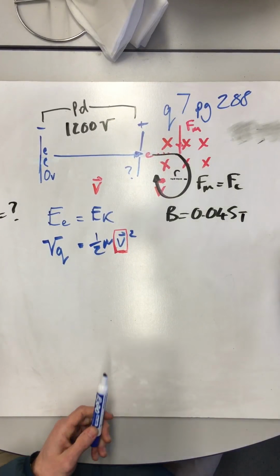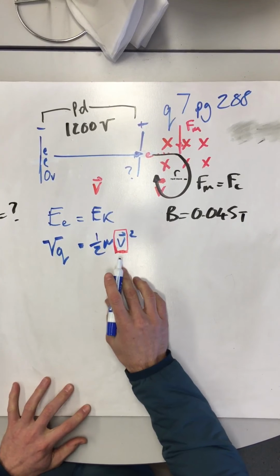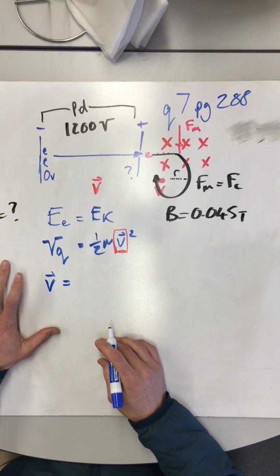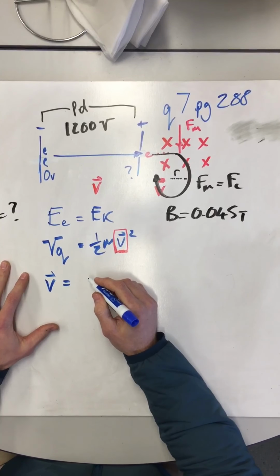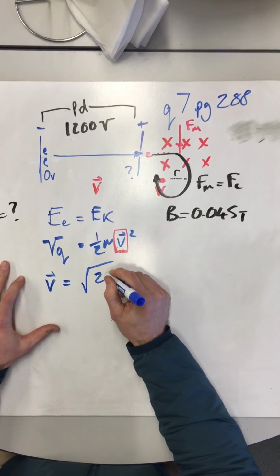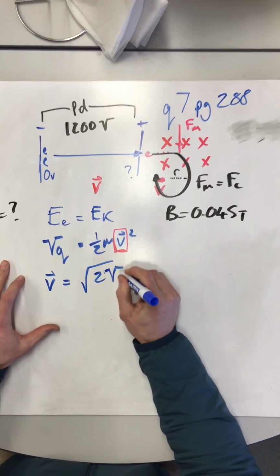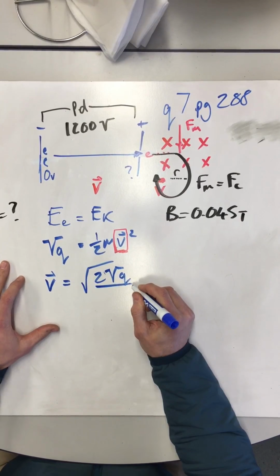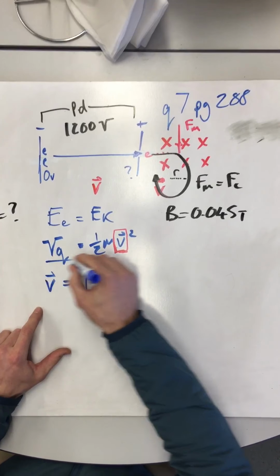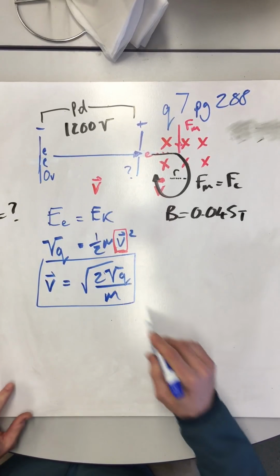So what we're going to want to do here is rearrange this to solve for the velocity. You can do this step by step if you want to, but I'm just going to write it down. I get this to be the square root of 2VQ over m. So that's my velocity condition for this first piece.